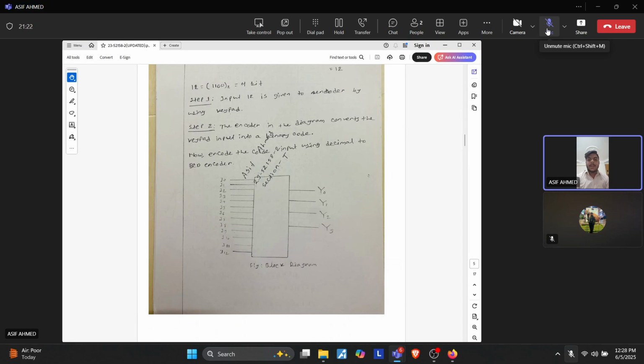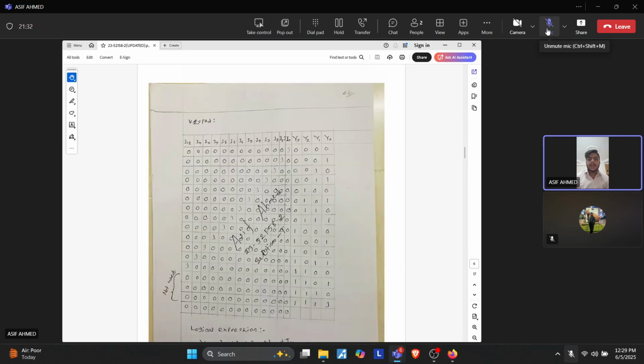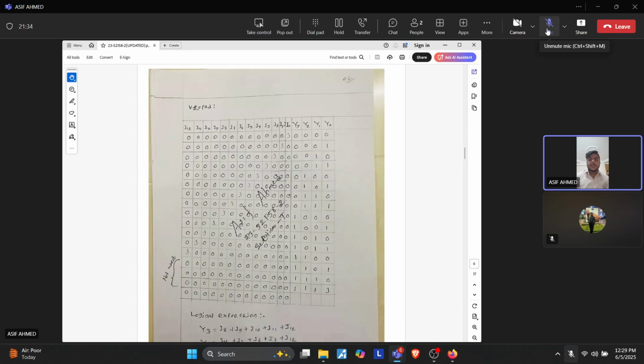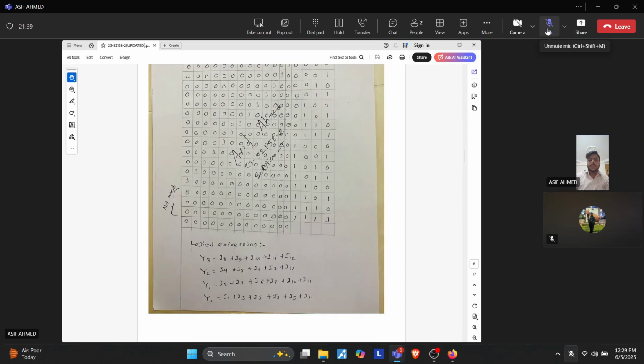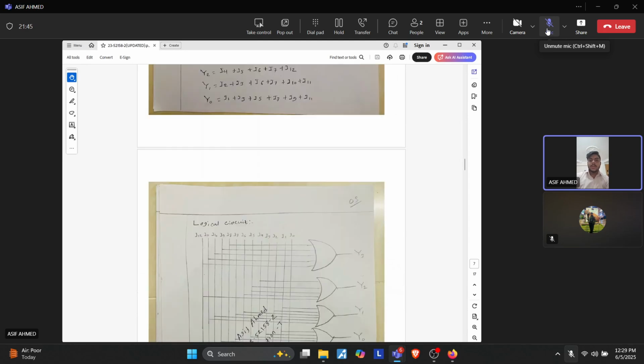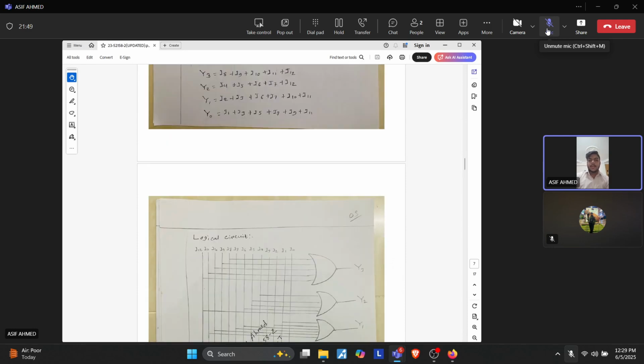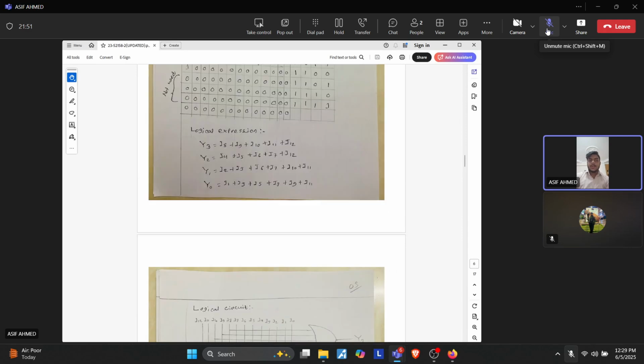At first, I designed a 4-bit encoder, and then I made a keypad for 12 inputs using the encoder circuit. Then I simply made the equations for y3, y2, y1, and y0, and I made the logic circuit using these SOP equations.